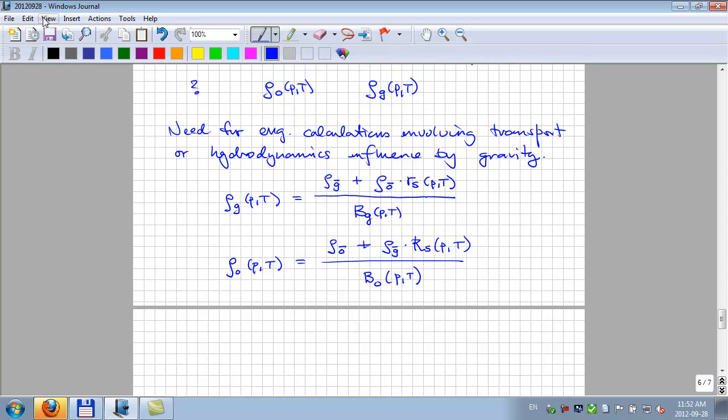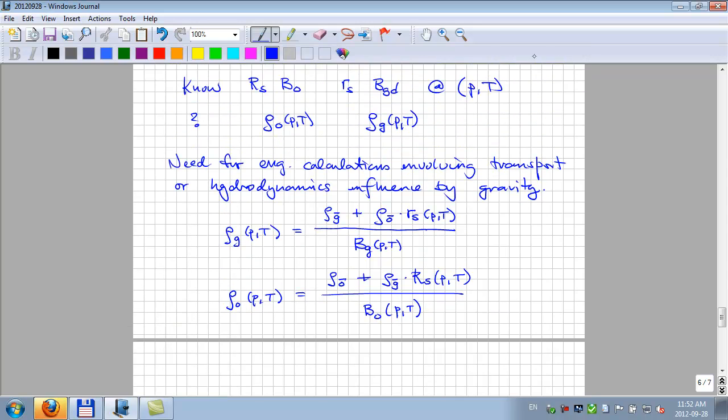And what you see is that these are the typical Blackwell PVT properties you hear about or see in tables. And they're functions of pressure and temperature. But to calculate oil density, you need 2 more numbers. Surface gas density and surface oil density.